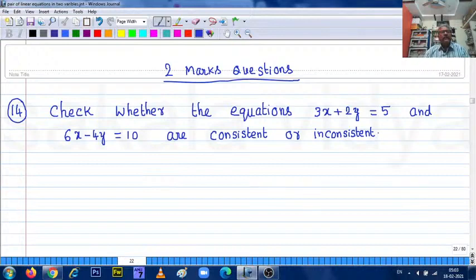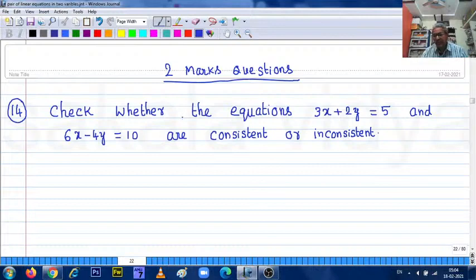First, from the given equations, we write the a1, b1, c1 values and a2, b2, c2 values. Then find a1 by a2, b1 by b2, c1 by c2. Then, using the conditions, we decide whether the equations are consistent or inconsistent.